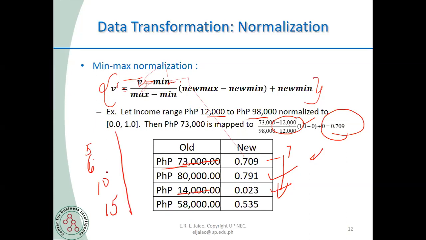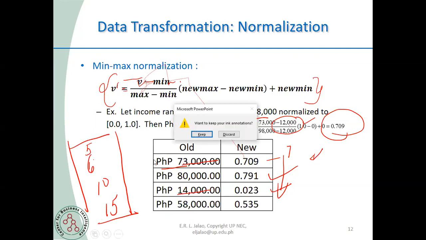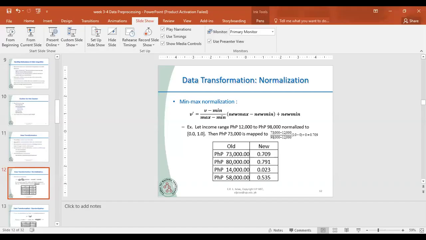So this is our marks or our data set, and then we will compute for its normalization. Okay, I will share another document, which is wider, where we can use the board better.